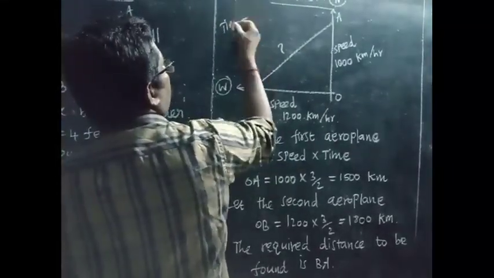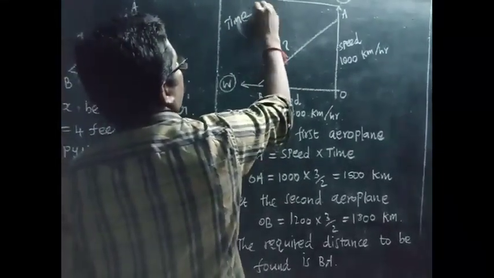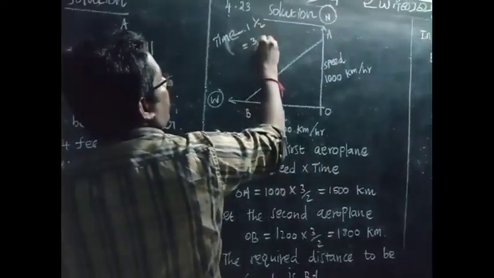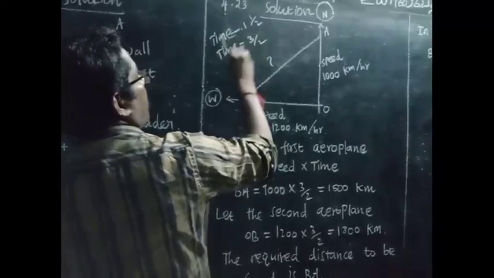We find the distance AB. Given time equals 1.5 hours, which is 3/2 hours.